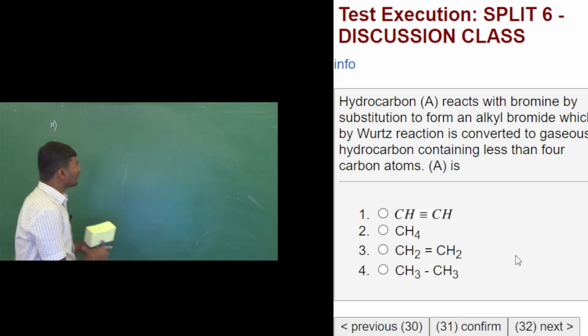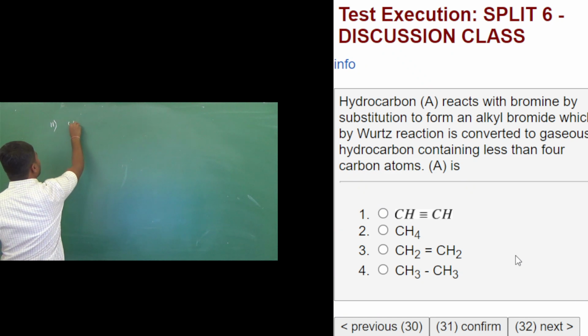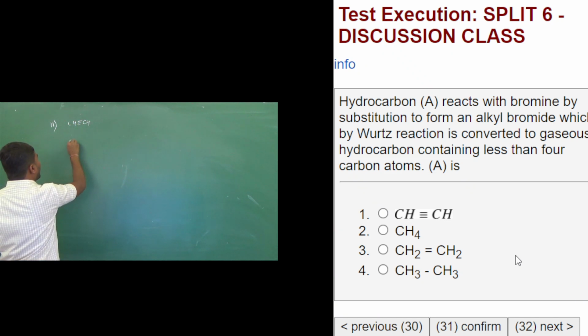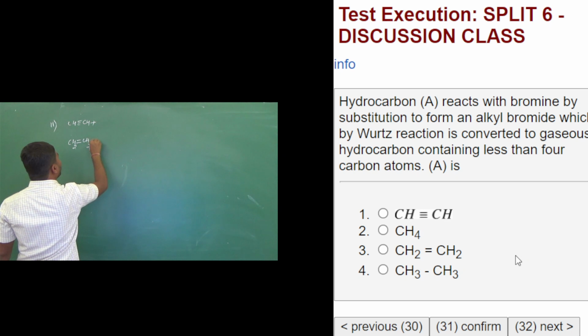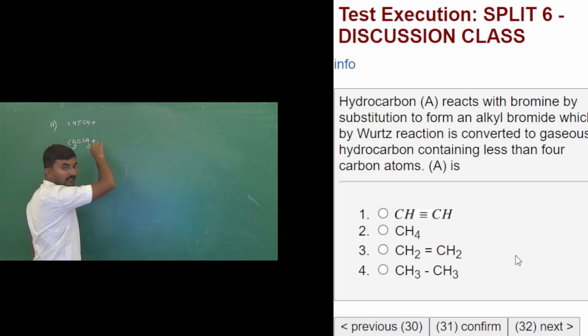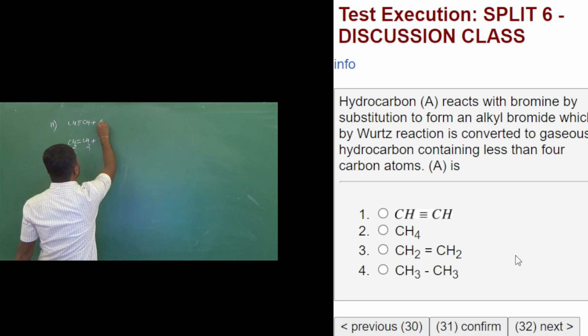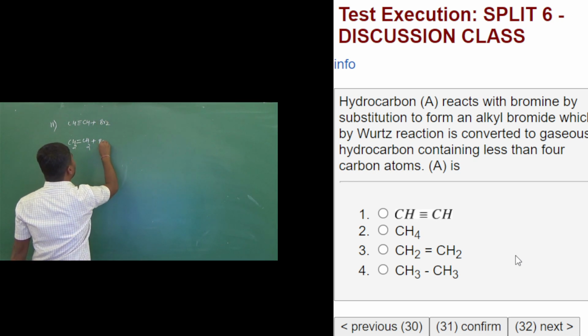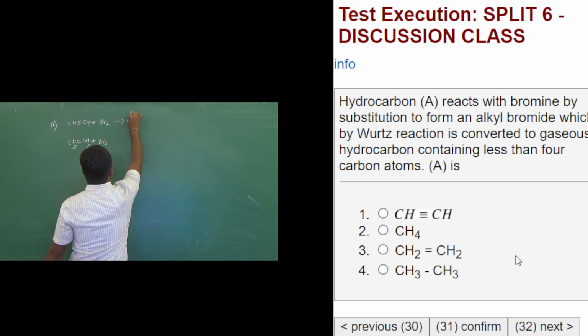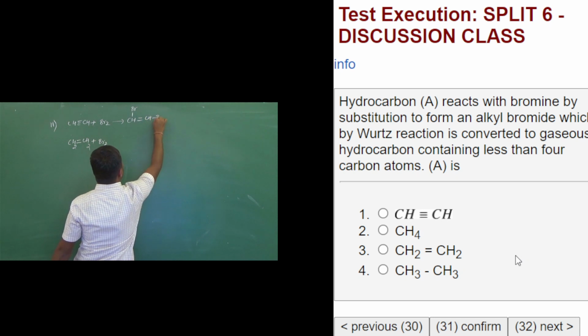So what are the options they have given? First they have given alkyne. So alkyne and alkene, in these two molecules addition reactions take place. If we add bromine, Br2, instead of a substitution reaction, we are going to get CHBr double bond CHBr.